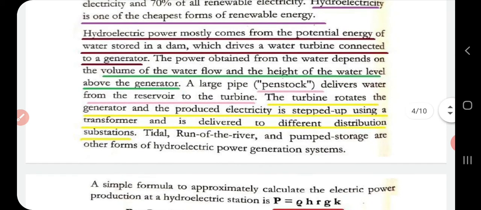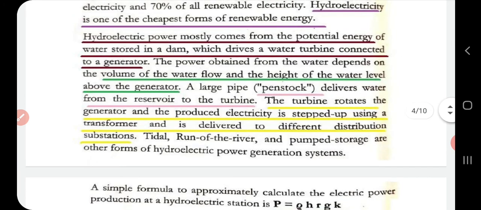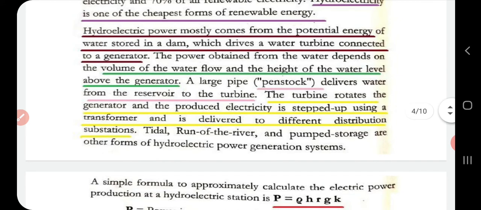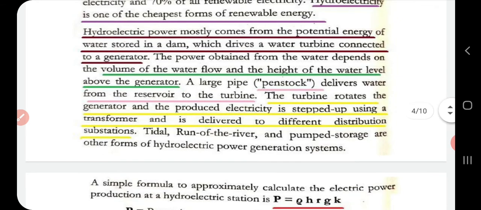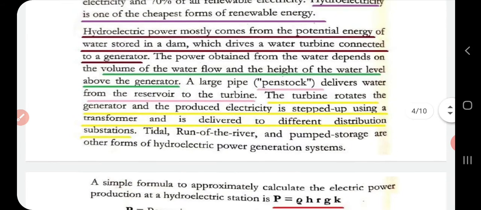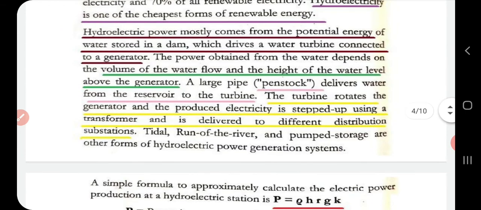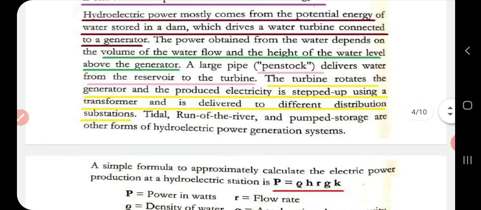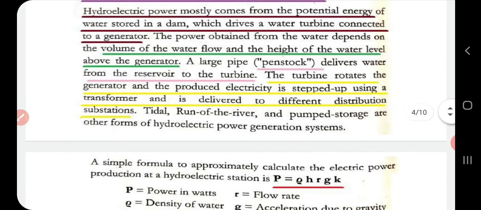Then how is it produced? The potential energy of the water stored in the dam will drive the turbine which is connected to the generator. When the turbine turns, the generator also runs and produces power. The power produced mainly depends on two factors: one is the volume of water flow, and the other is the height of the water level above the generator.